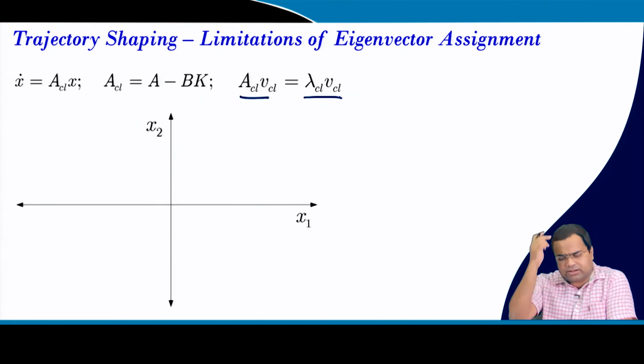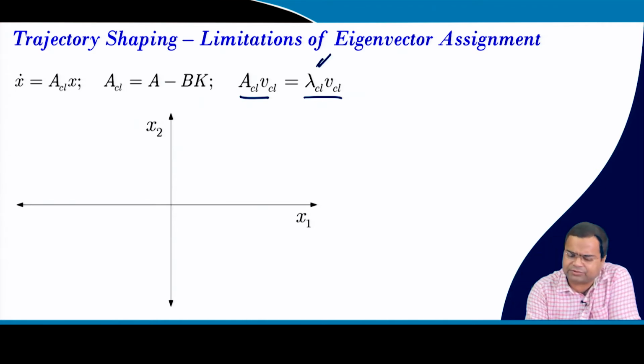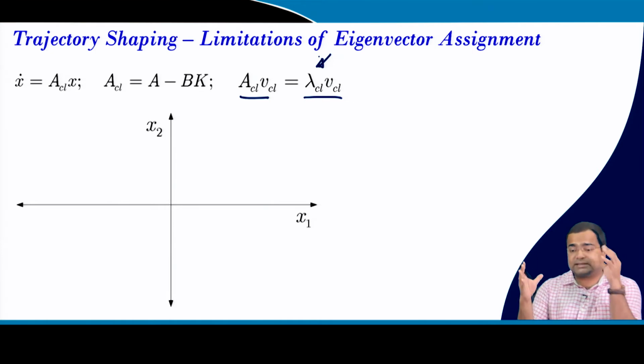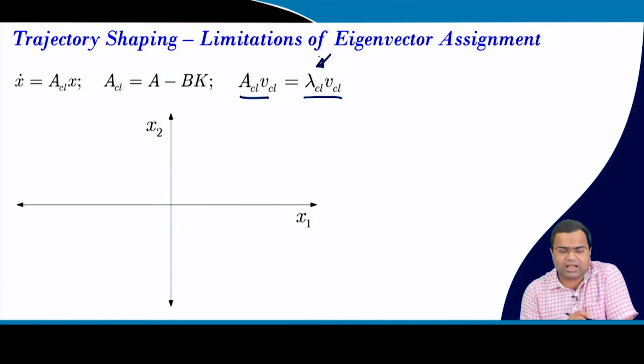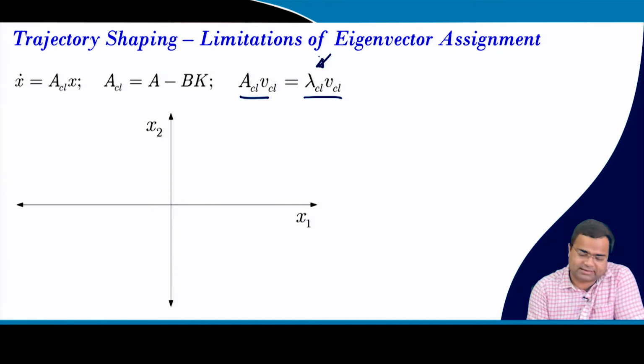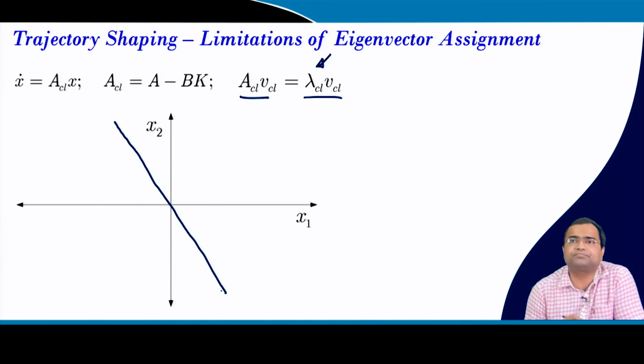When we place these eigenvalues, we can find the A matrix, and from the A matrix and the eigenvalue we can find the eigenvector. Suppose I want to get my trajectory something like this. Imagine that I want to shape a straight line.